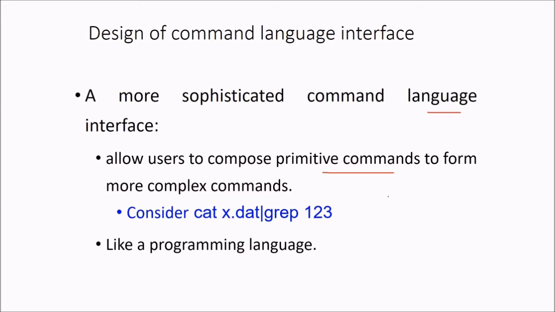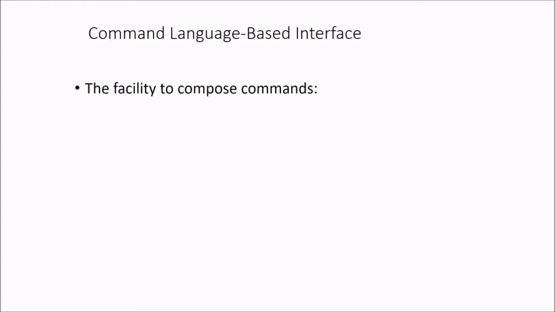For example, cat x.dat and grep123, so you are combining this one with grep123. You don't have to worry about what these are. Just understand that this is your command and you are trying to combine them. This idea of composing primitive commands to make a more complex command is what makes a good design, just like a programming language.